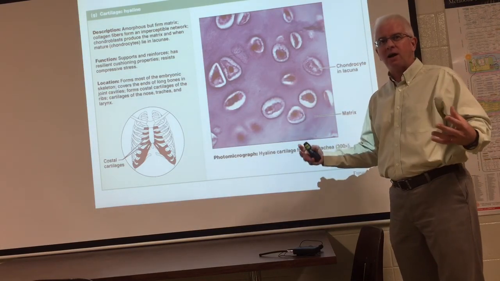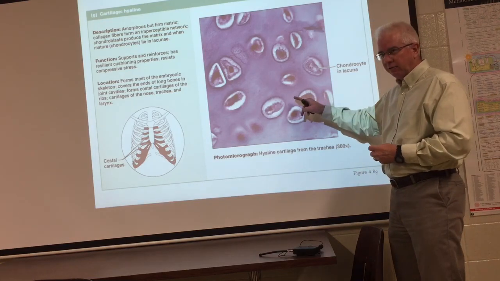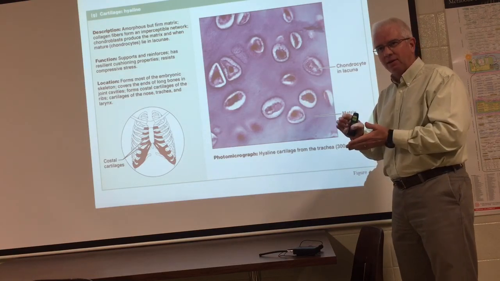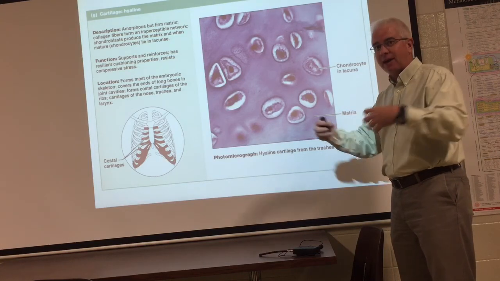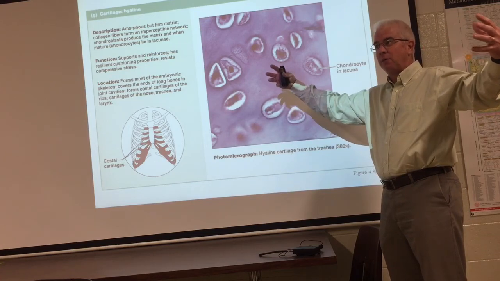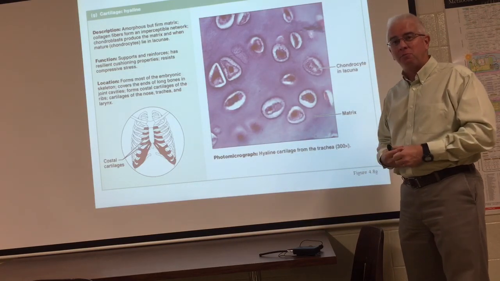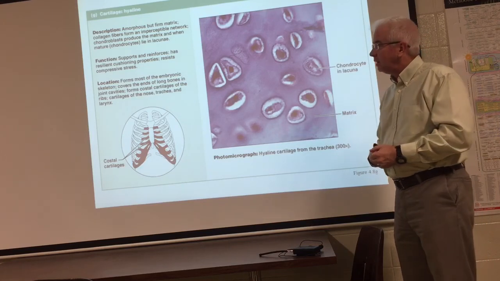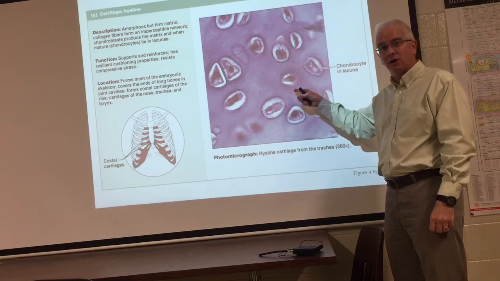And so what you find as a person grows is that this stuff right here gets trapped between the bone that's growing from the shaft outward and the bone that's growing from the ends of the bones inward. And we call those growth plates. So the epiphyseal growth plates are actually hyaline cartilage.